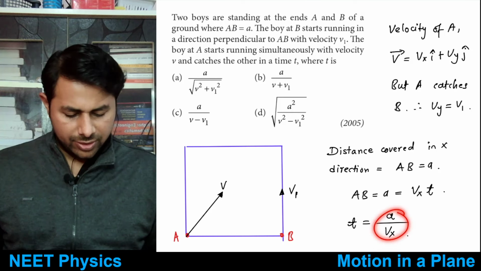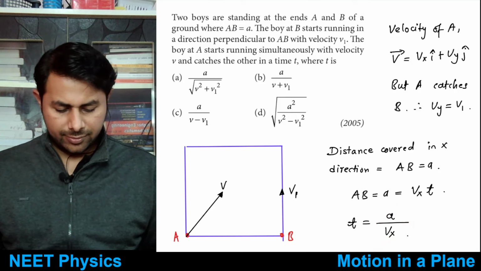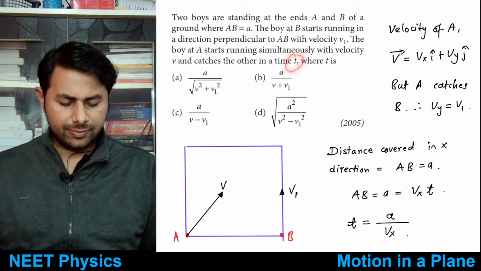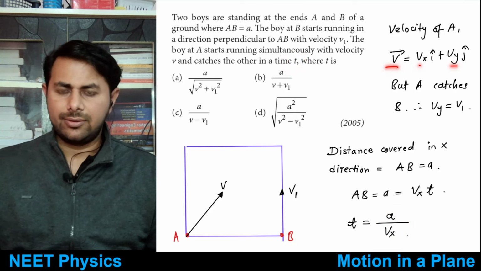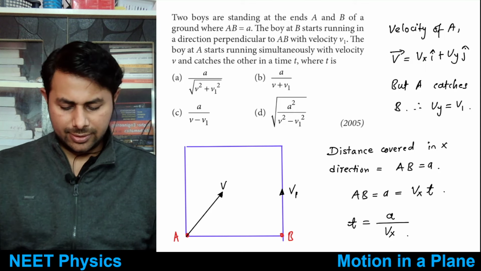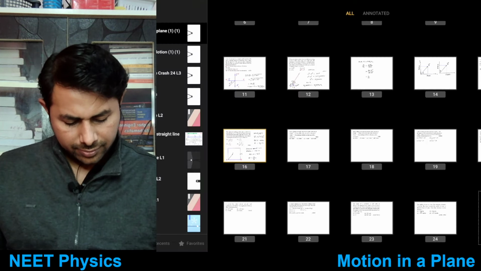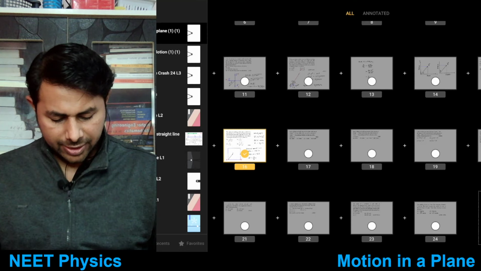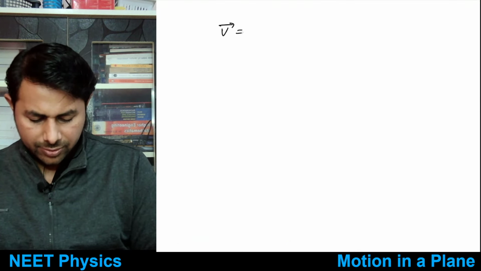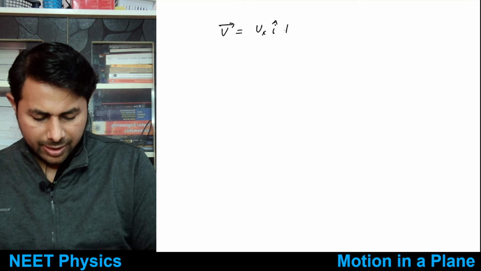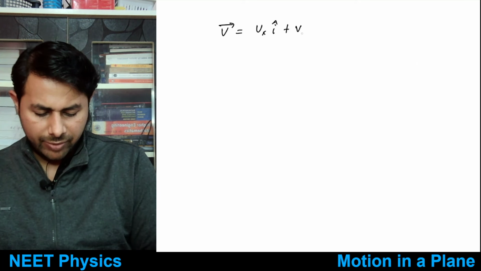Now can you find out this velocity in x direction? Because we want to find out the time. We know v bar is equal to Vx i cap plus Vy j cap, and Vy is equal to v1, so v1 j cap.